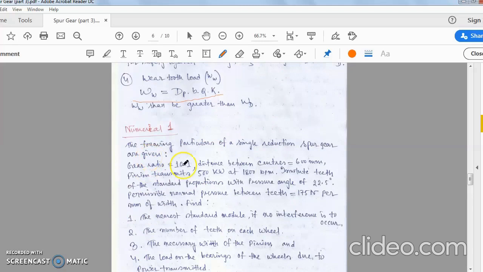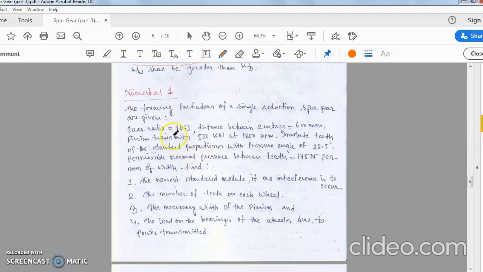Now, one numerical. Here in the numerical, first the gear ratio is given. Then the distance between centers. Just remember, the distance between centers of two mating gears, that means the gap between two centers is equal to the summation of the radii of the two mating gears.